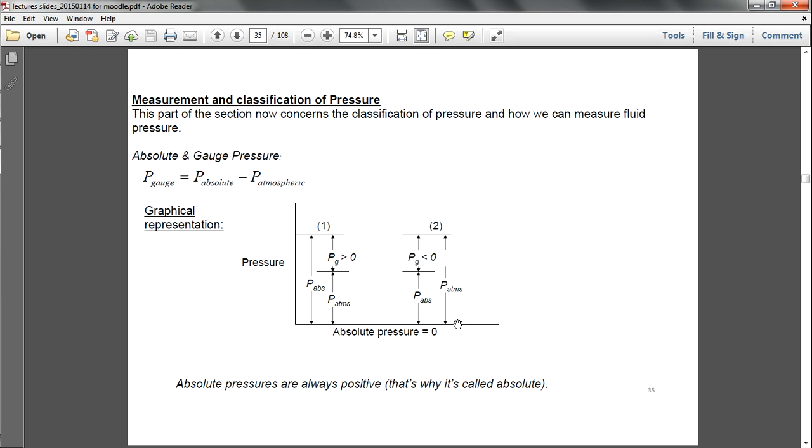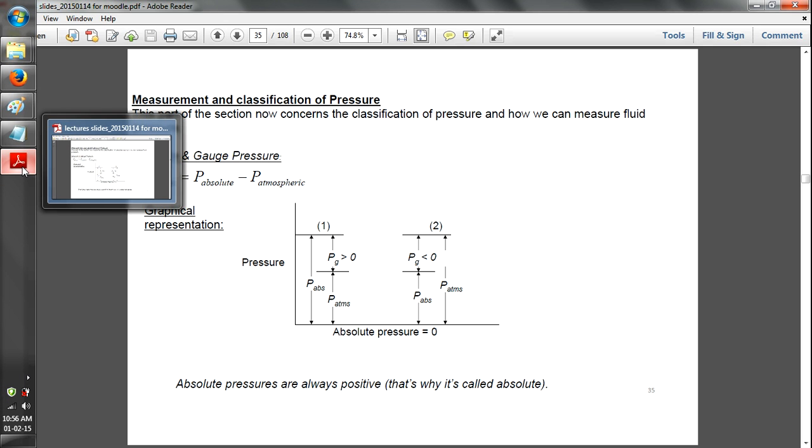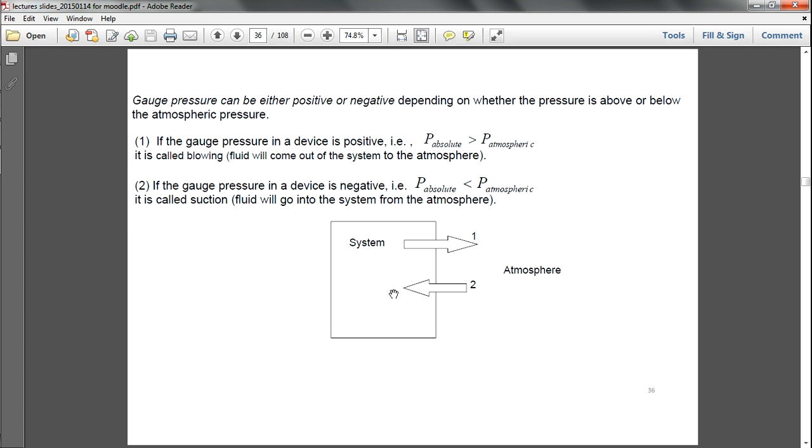So atmospheric minus P gauge, you will get P absolute. This is why, when you measure, the absolute pressure has some values like that. I think you get what I mean.